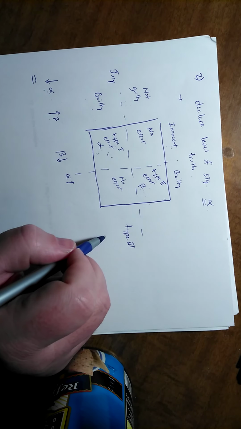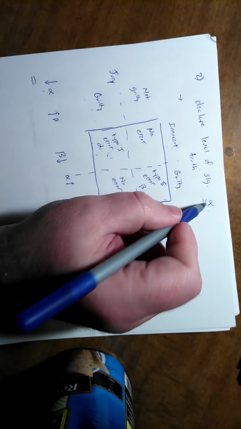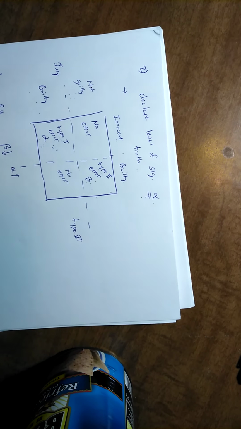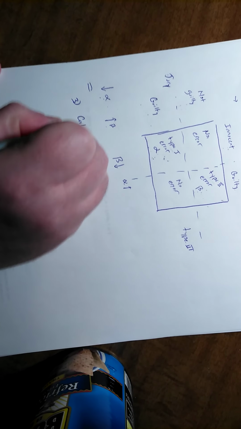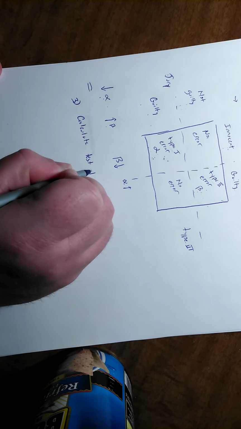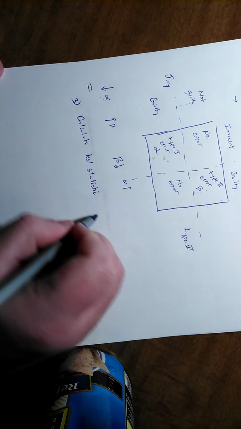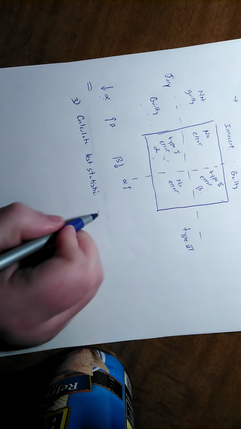Okay, so let's have a look at step 3. Like I said, you always want to declare this at the top, and again, I'll show you an example of why you want to do that. Step 3 is we're going to calculate our test statistic. The calculator will usually do this for you as long as you pick the right test these days.